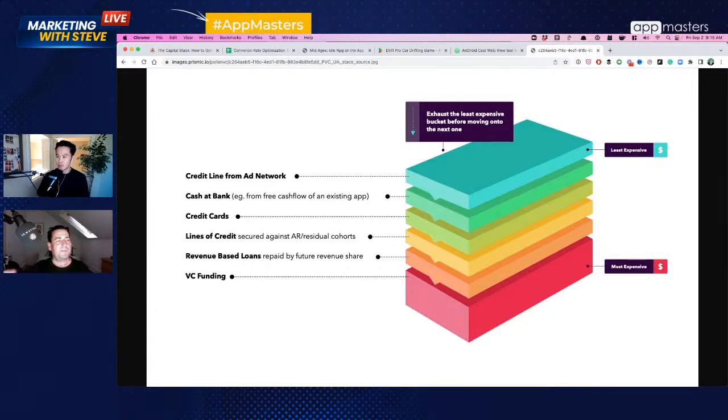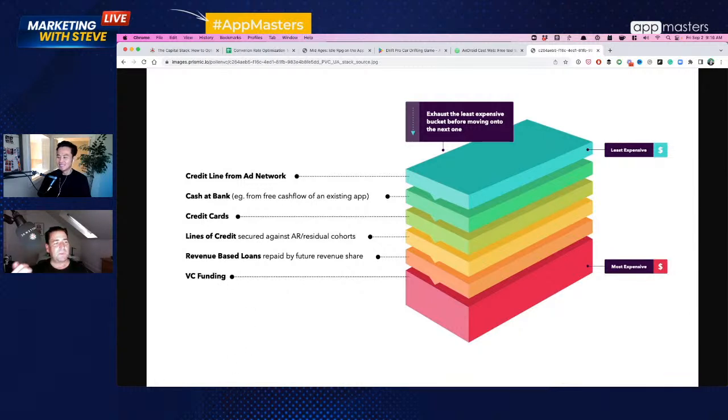Now, there's a bit of a distinction here between the money that you have from free cash flow from a game or an app, and let's say the money you've just raised from a venture capital fund, right? So just because you've got $5 million in the bank sitting there doing nothing, if that money is earmarked for products and building teams and hiring team members and so on, then you don't want to be tying that up in user acquisition. So I'm going to put an asterisk against the cash at the bank.